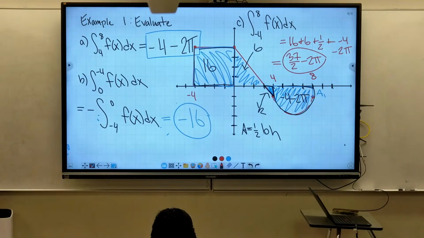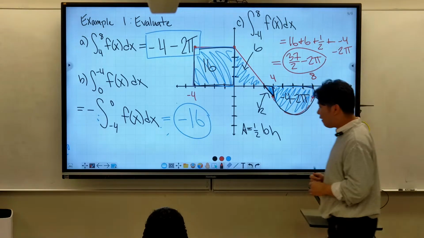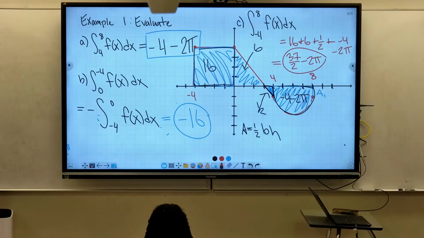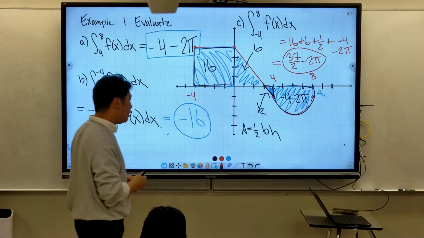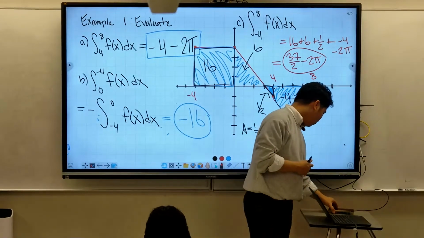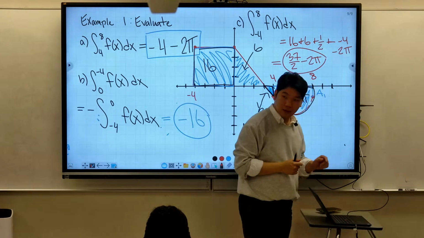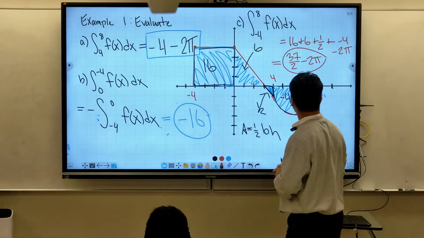So this is our visual idea of a definite integral. Any questions about what I did in this example one? Isn't that supposed to be negative?